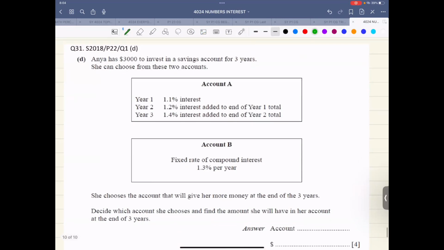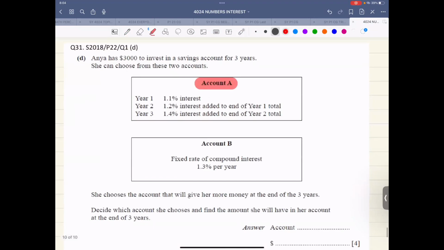Now the question says, the person Anya has $3,000 to invest in a savings account for 3 years. She can choose from these two accounts. So the first option is account A. The second option is account B. Now, what is account A? Year 1, 1.1% interest.